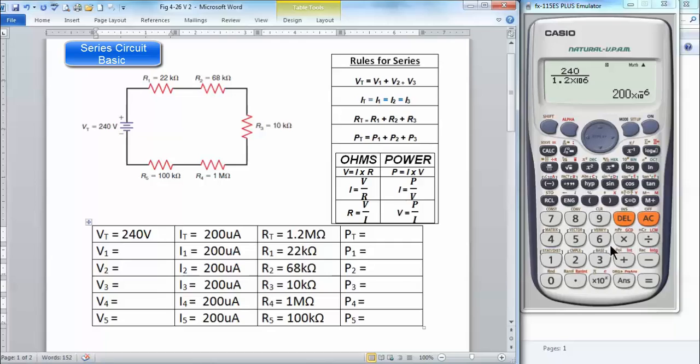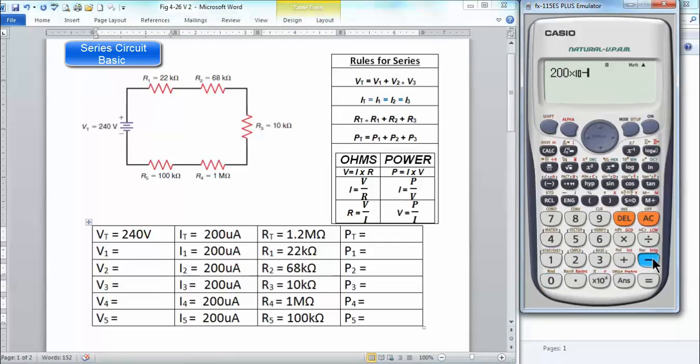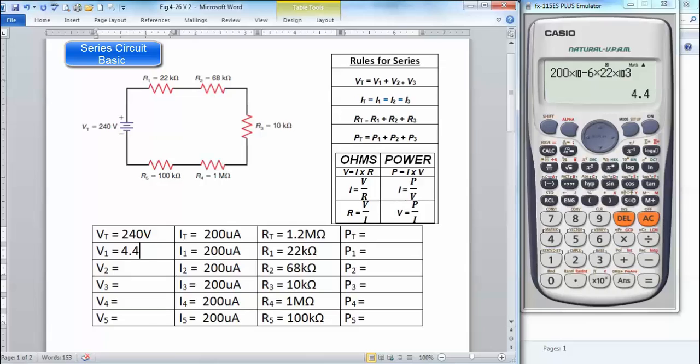V1 is going to be the 200 microamps times the resistance of 22 k ohms. That tells me I have a voltage drop of 4.4 volts across the first resistor. My V2 voltage drop, I'm going to go up here and change the value of the resistor to 68 k ohms.